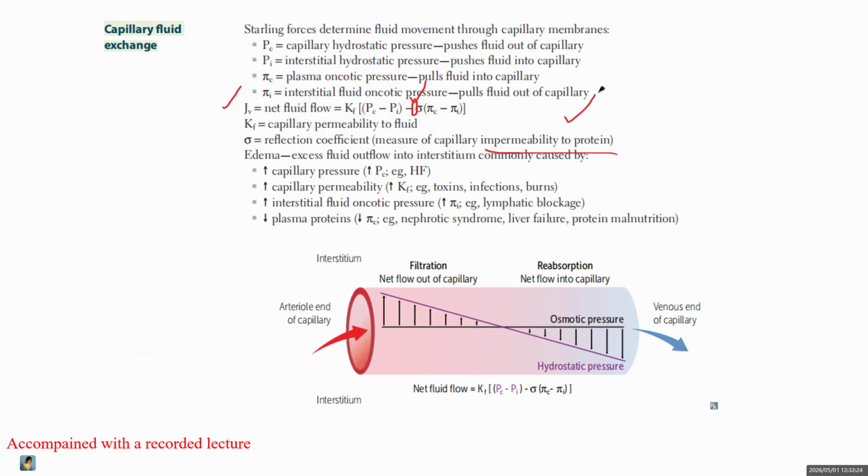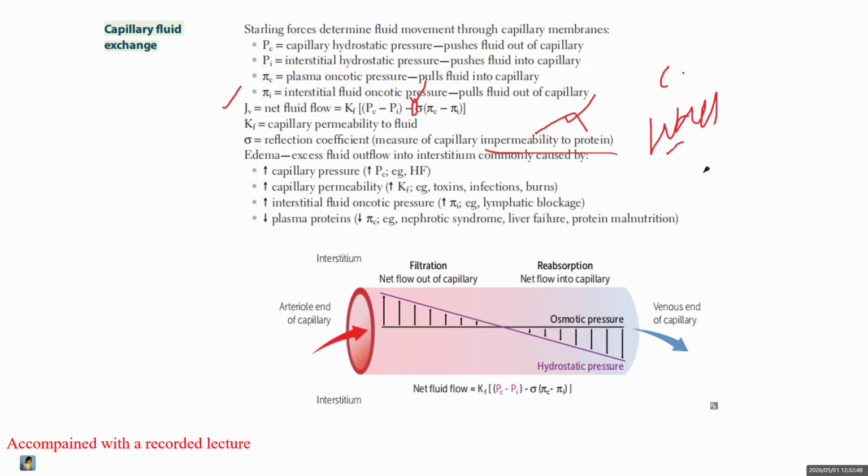So if the capillary wall is very impermeable to the proteins, what is going to happen to the oncotic force? If our capillary wall is very impermeable to the protein, the oncotic force is going to be very, very effective.